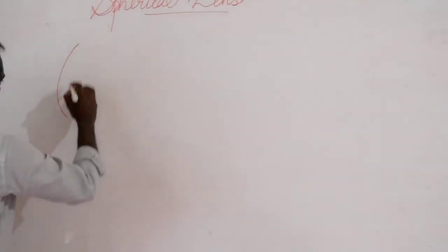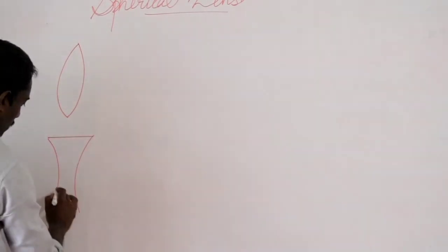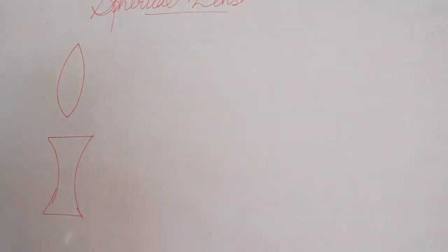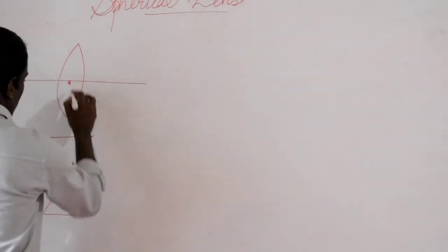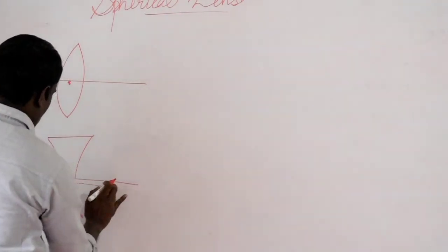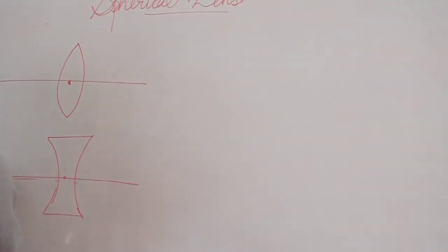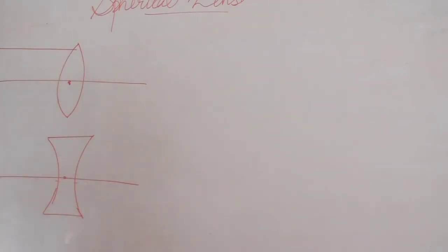First of all, for a convex lens, this is the principal axis, and we take a ray of light which is parallel to the principal axis.